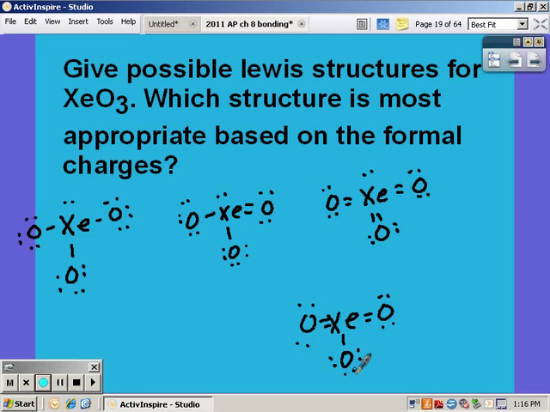So go ahead and pause the video and decide which of these 4 is best based on the formal charges.